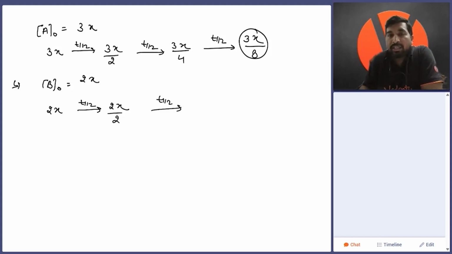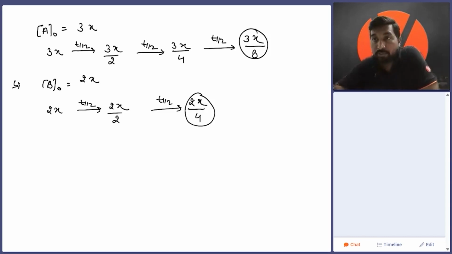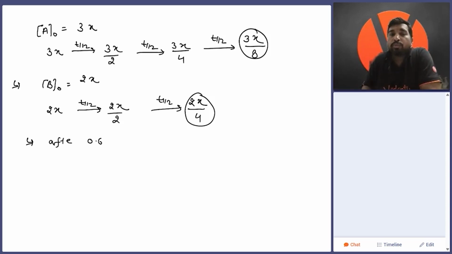After another half life, that is 2x by 4. So the concentration of B after 2 half lives will be 2x by 4. So after 0.693 minute, CA upon CB is equal to 3x upon 8 upon 2x upon 4.